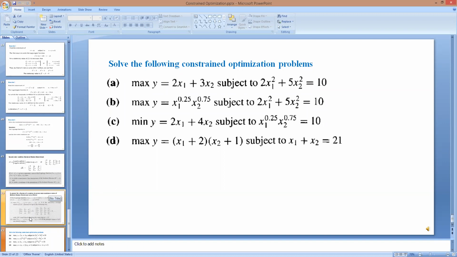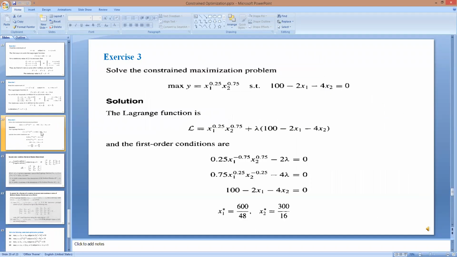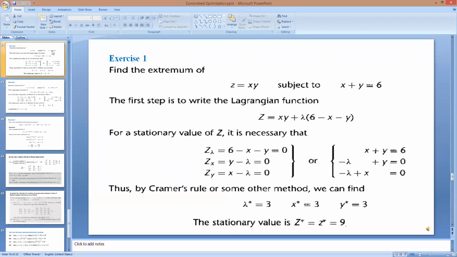Ma'am, could you go back to the Lagrangian ones, for when you first started the constrained extremum? Ma'am, slide 18, I think. Actually, I have a doubt in slide 17.